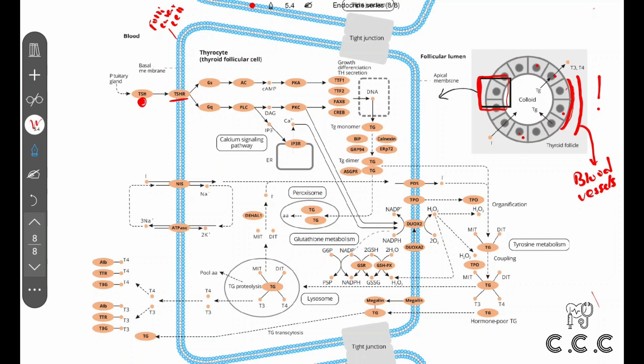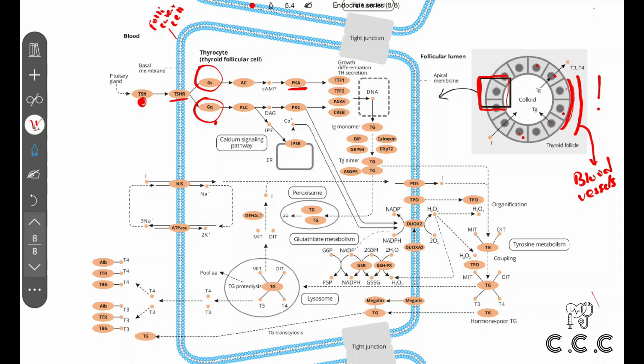Now, when it gets to this receptor, we explained in the previous slide that we get to see the activation of G stimulatory protein and GQ. So here, G stimulatory and GQ proteins, and the G stimulatory protein activates the adenylate cyclase, which eventually activates the cAMP and goes to activate your protein kinase A. Now, protein kinase A has the ability to activate a variety of enzymes which work to eventually cause the production of the thyroglobulin.